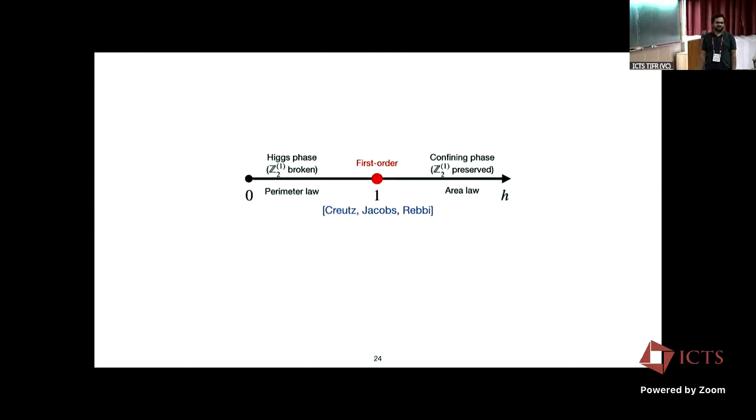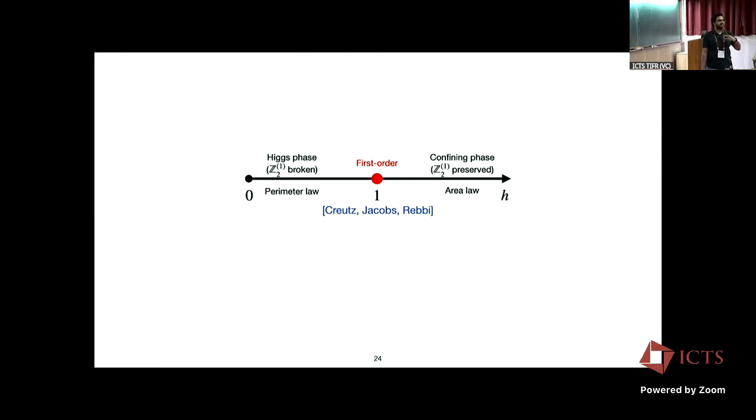That's numerics, we don't know. Not in Z2. If you go to Zn and n is large enough, then there is some gapless window kind of thing. I'll come to that some later. Sorry. That's in 2 plus 1D.